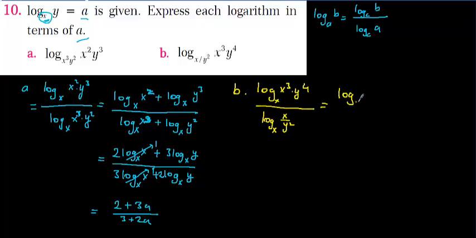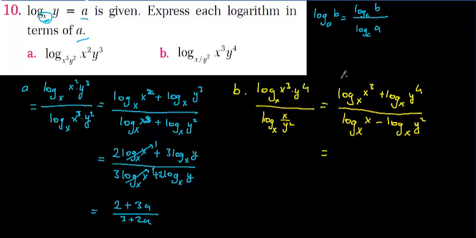Multiplication inside you are going to write as addition outside: logarithm base x of x cubed plus logarithm base x of y to the fourth over logarithm base x of x. Inside the logarithm we have division, outside it's going to be subtraction: minus logarithm base x of y squared.